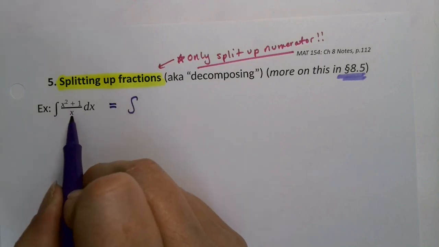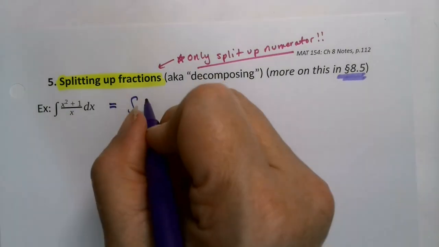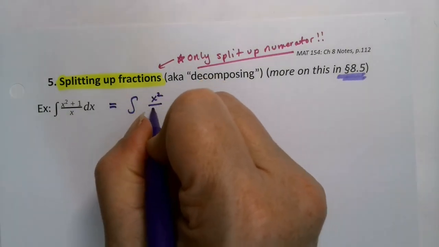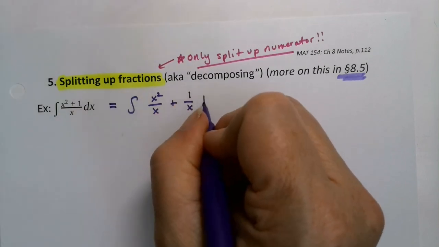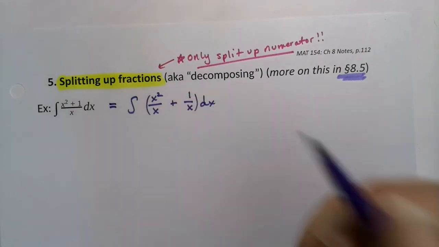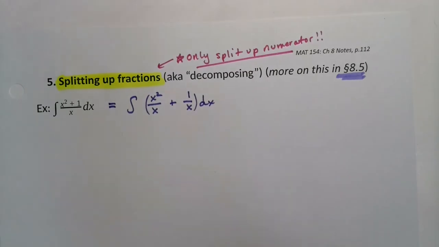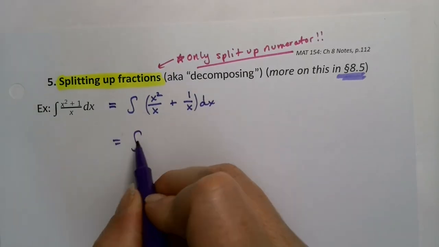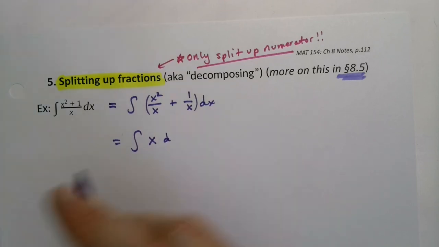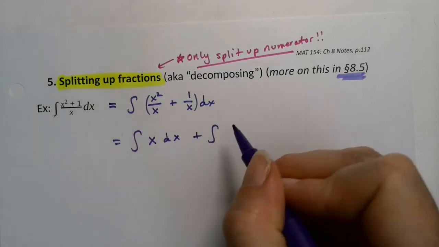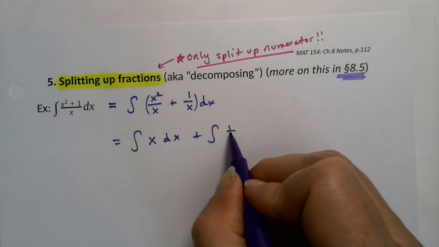We actually kind of do this all the time without even really thinking about it. This is x squared over x plus 1 over x. So this is the integral of x. Technically, I could split them up entirely, but we don't always have to do separate integrals for each, but I will.